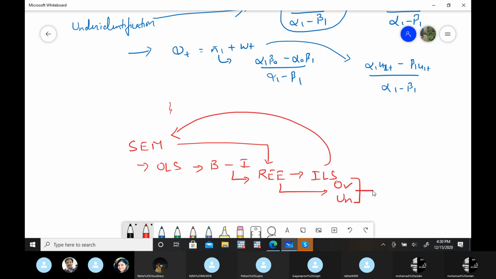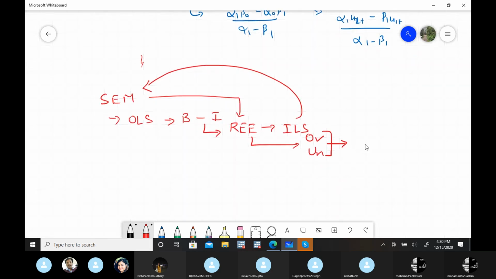So the next thing is, first, how we know whether an equation is over identified or under identified. For that, we have rank and order conditions. After finding out whether an equation is over identified or under identified with the rank and order conditions, one of the solutions for over identification is 2SLS.